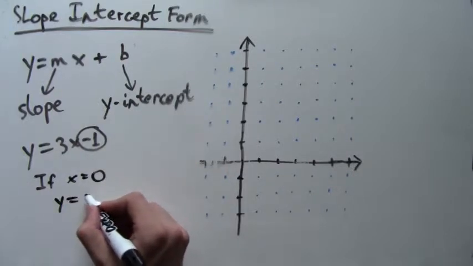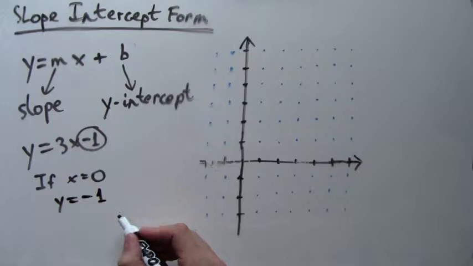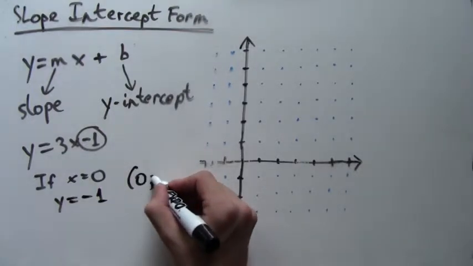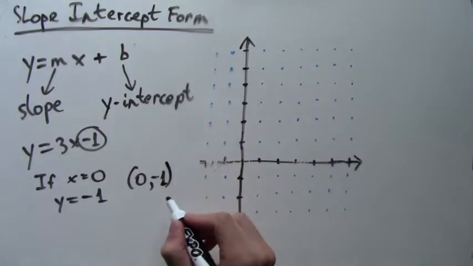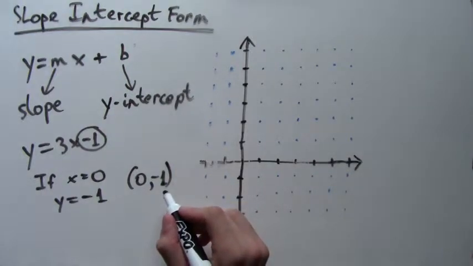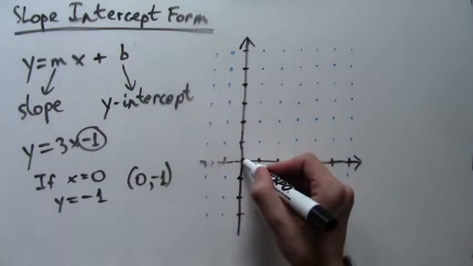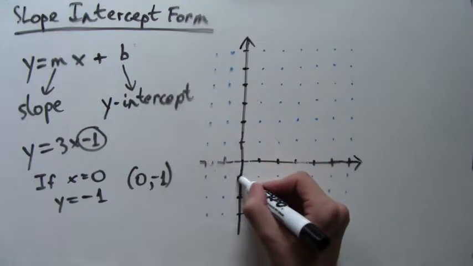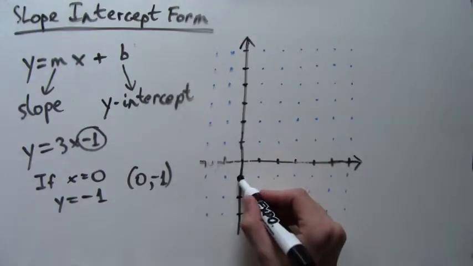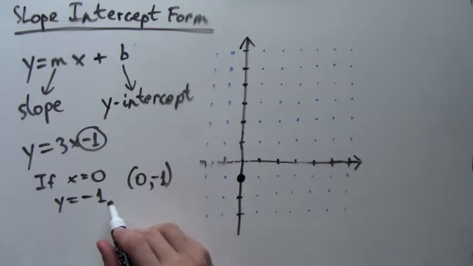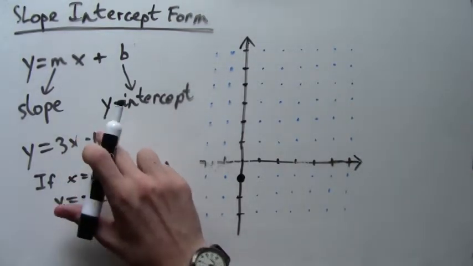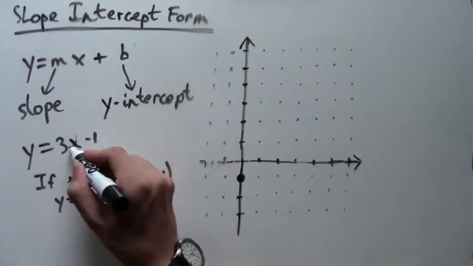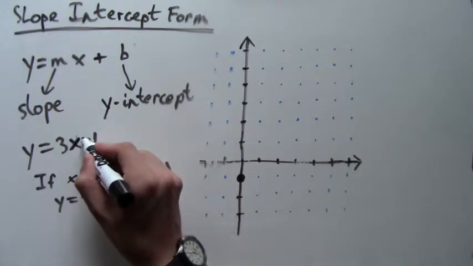What this means is that if x equals 0, then 3 times 0 is 0, so y must be -1. So the point (0, -1) is on this line. That is just 1 below the origin, on the y-axis. That is why it's called the y-intercept. So now we have 1 point from this line.